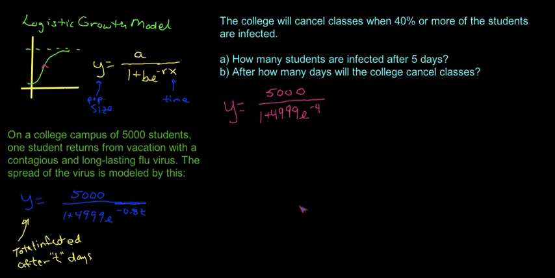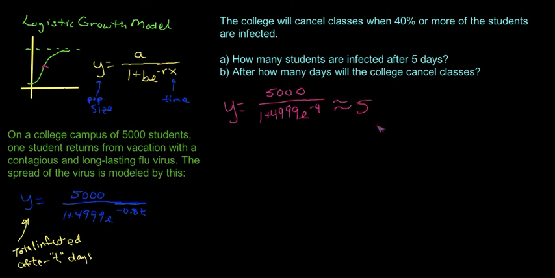Alright, so now this one's actually all set up for us, and this one is fairly simple. Really not much to do on this one other than hit the calculator and simplify. So we could get our value on the bottom, divide 5,000 by that value, and this one actually turns out to be approximately 54 students.